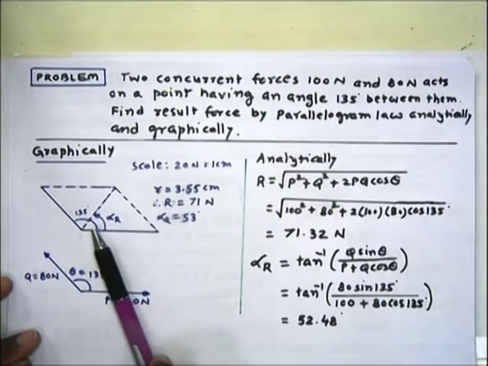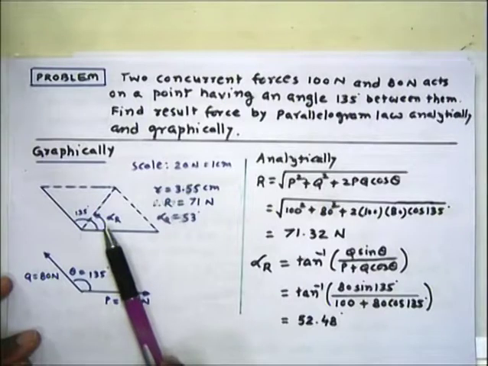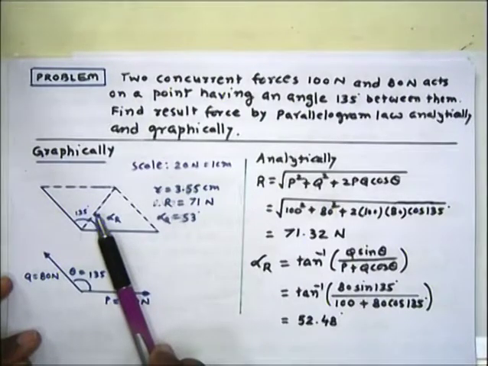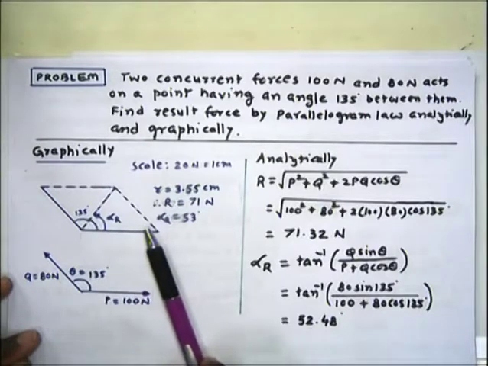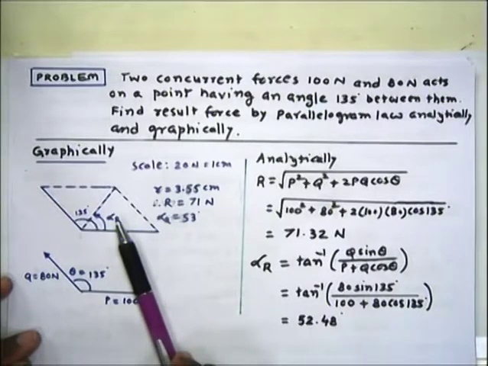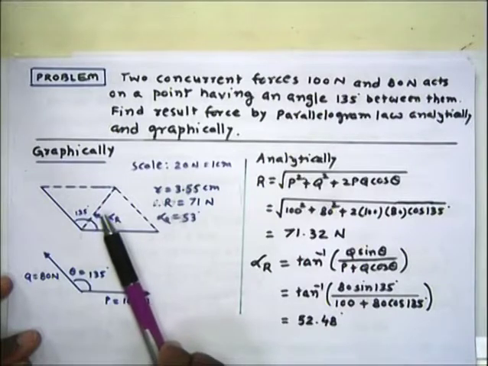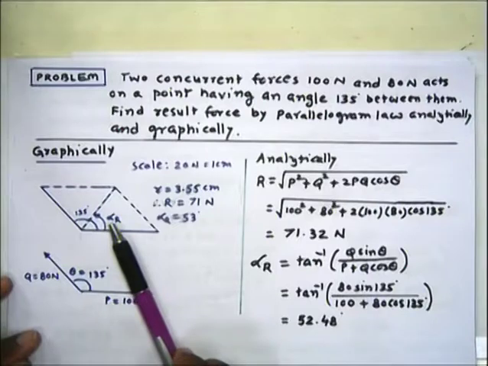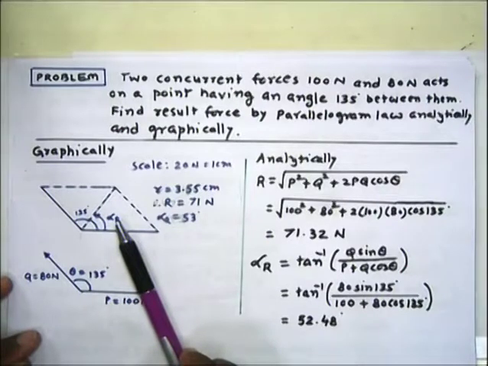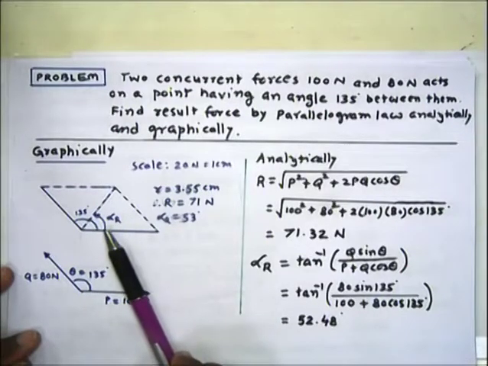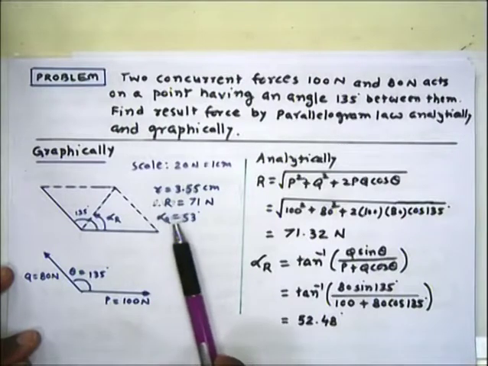Then measuring the angle of this resultant force, or say diagonal here, with respect to this line, that is with P, by means of a protractor, we can directly measure the angle. So that angle is the angle of resultant force, which is alpha r, and on measuring it gives the value 53 degree.